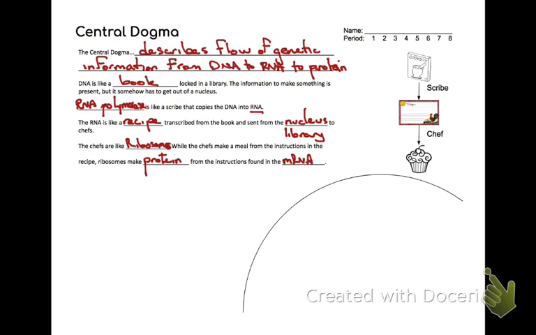So to review this by analogy, again, the DNA that we find within our nucleus is quite like the cookbook that we have here.